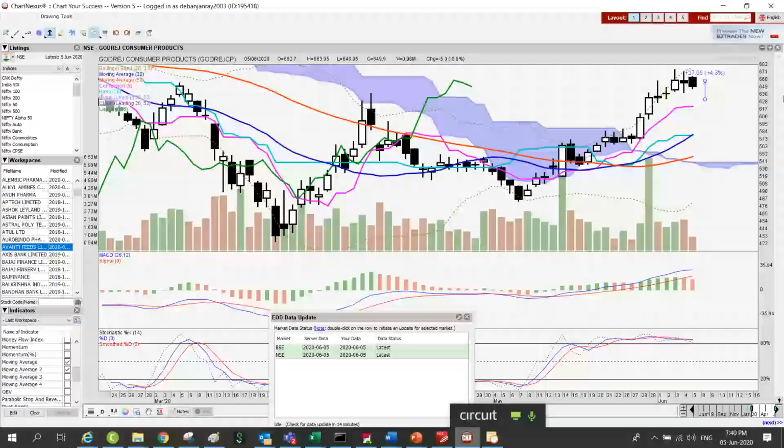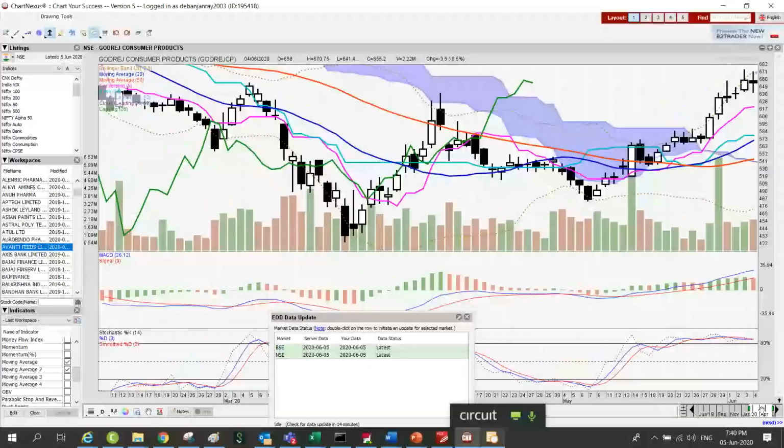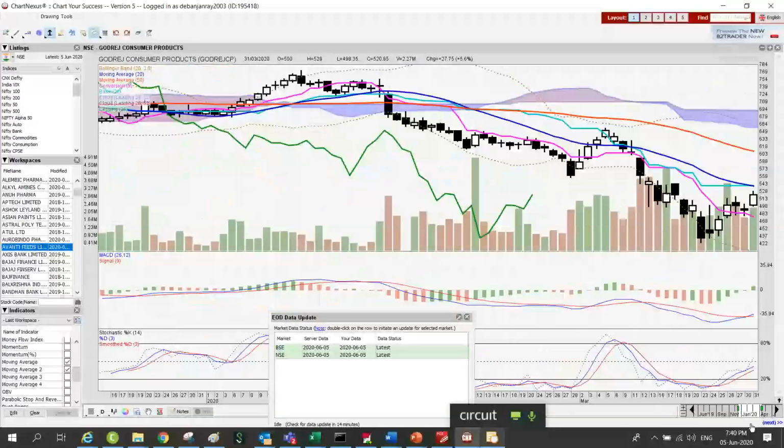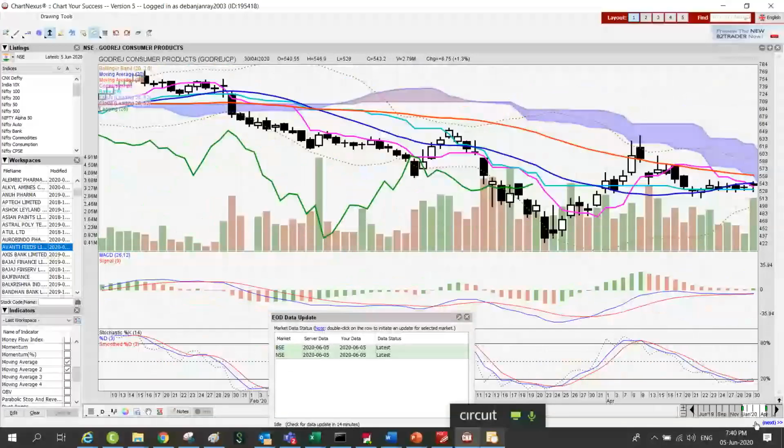For example, green means more buyers, red means more sellers. Here, for example, this is a misnomer. Though it is high volume, the green color does not mean the next day the stock price is going to go up.